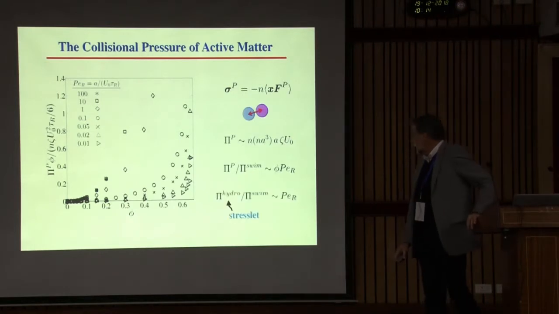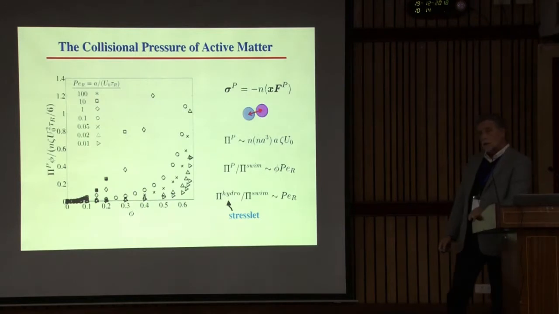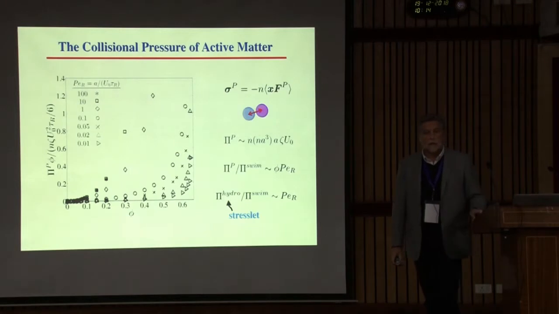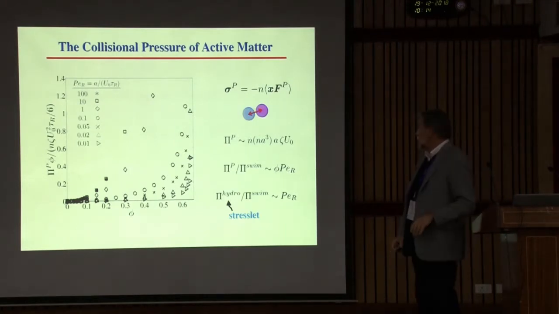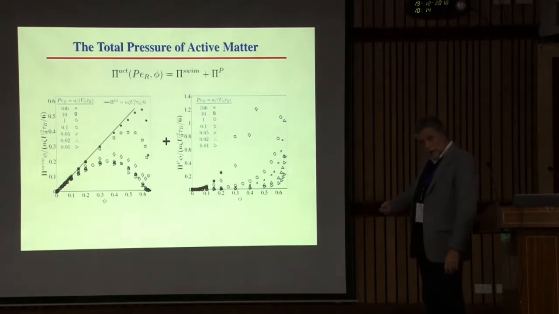For those that know fluid mechanics, there's also a fluid mechanical pressure or stress as well. That's a single particle result, but that's set by the body size, not by its run length, and that's not important at the small reorientation Peclet numbers where all the interesting things happen. Okay, so now we have one pressure which goes down, one that goes up.